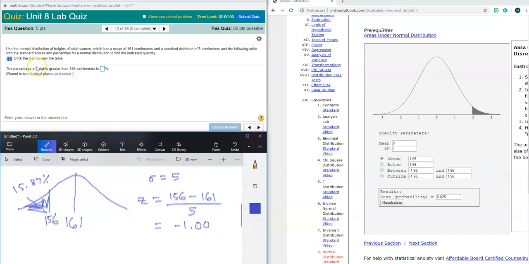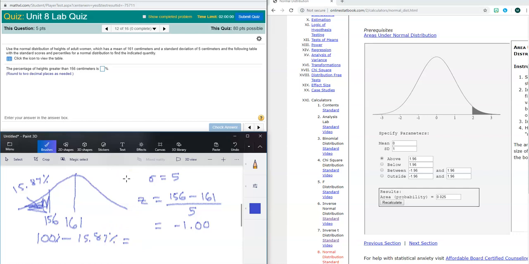But the question said the percentage of heights greater than that. So you would have to realize the total area under the curve is 100%. So take 100% minus the 15.87%, which was below, and you just subtract that from 100% to get what's above.